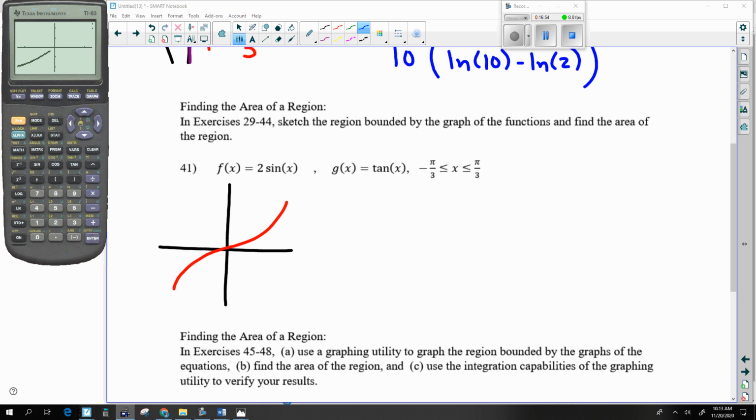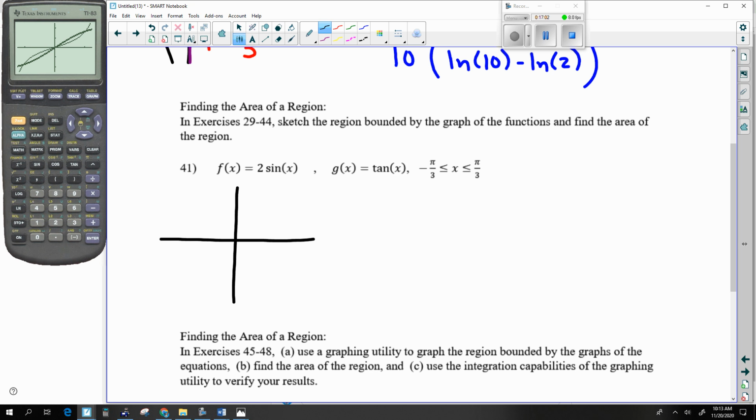This is our sine. Well, I think I had it backwards. I'm sorry. Yeah, I should have known better. All right, so our sine is that thick line that does this, and then our tangent is the thin line that does this. This is technically an odd function, so all I'm going to do is find the area of 1 and then just double it.